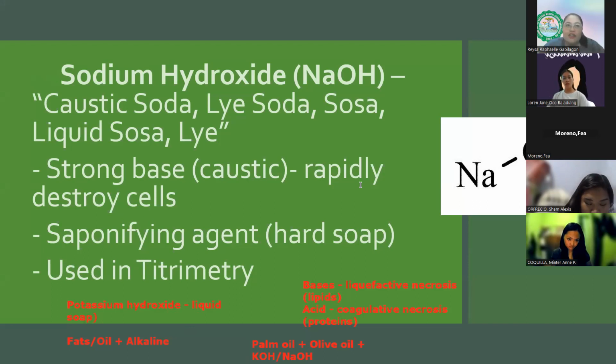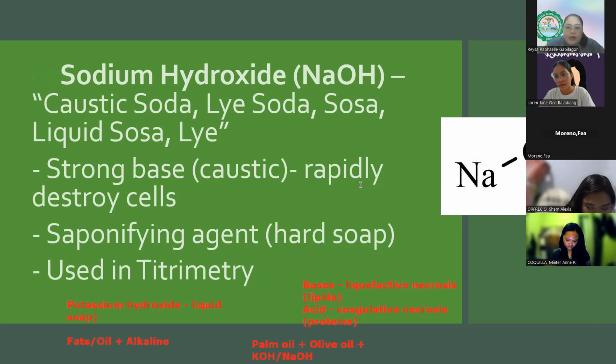So sa titration class, it's a chemical process. So you will be using chemicals to determine the concentration of the unknown. So yung mga sinosolve natin last time na molarity, normality, concentration, madedetermine natin yan sa laboratory using titrimetry. So sodium hydroxide is used for that.